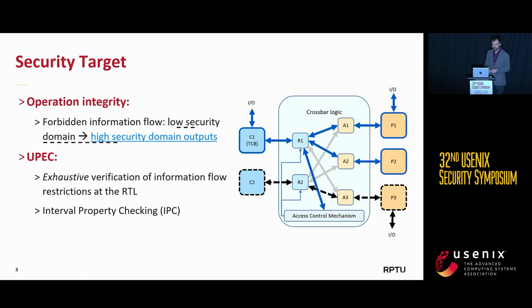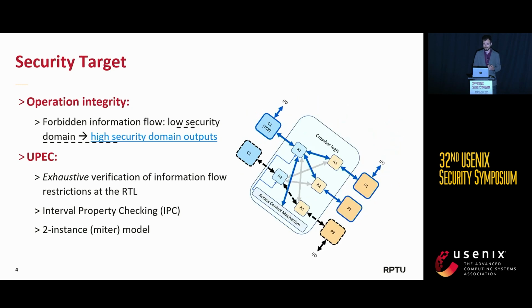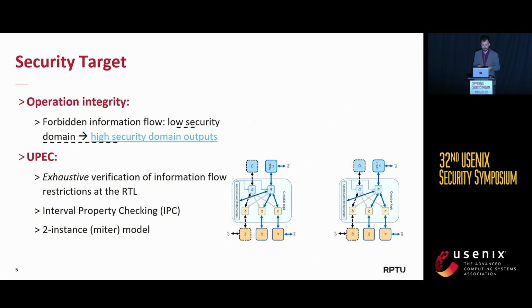Long story short, interval property checking expresses the SoC as a logical model and compares it to a set of behavioral properties, and if there is any state or configuration of our circuit that violates the property, it gives a counterexample. UPEC uses not one, but two instances of our SoC, or of any circuit, to express security properties, which in turn express these information flow restrictions.